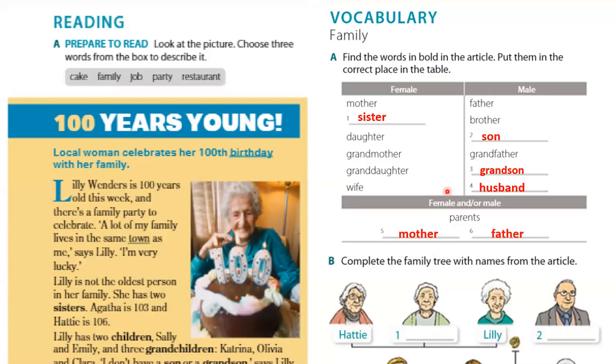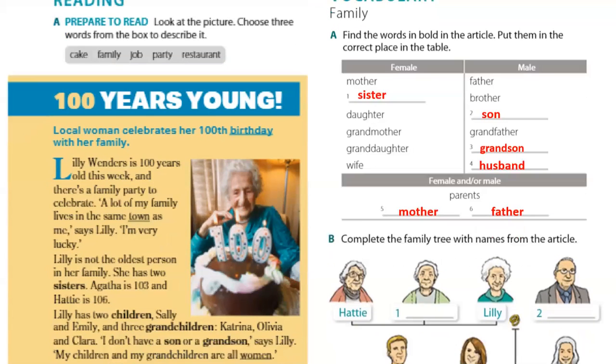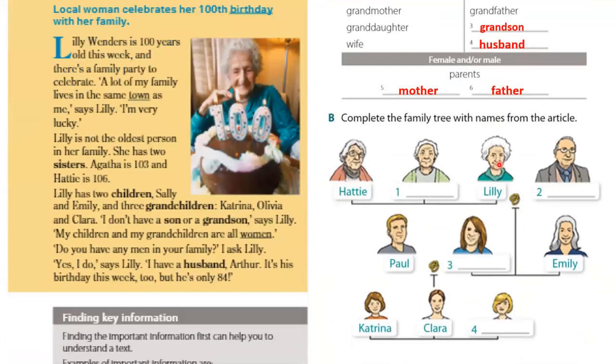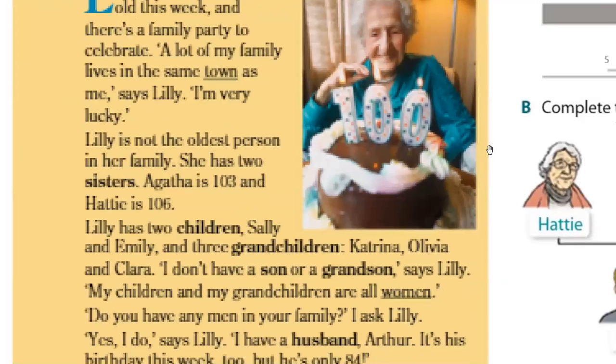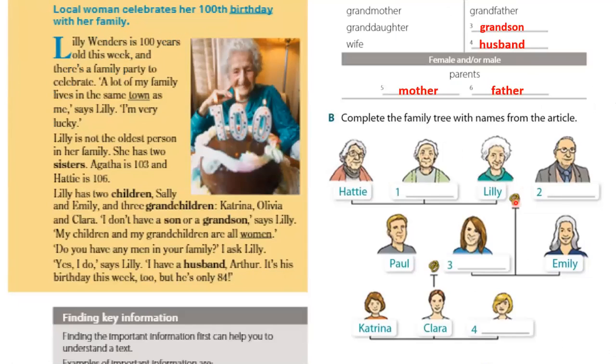Okay. Very good. Now, we're going to complete this family tree with names from the article. Okay, vamos a completar este árbol genealógico con los nombres que tenemos aquí en el artículo. Okay, so we have first, obviously, Lily, that she is the main person of this article.